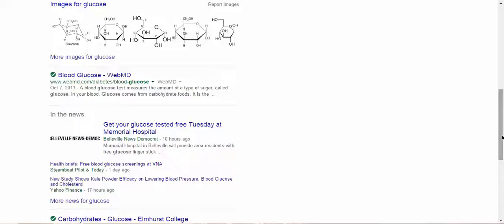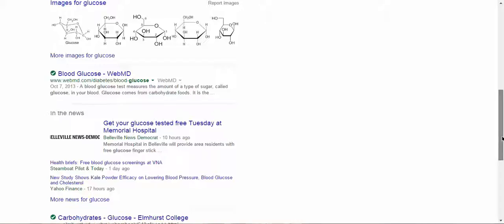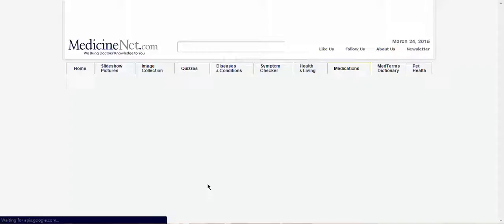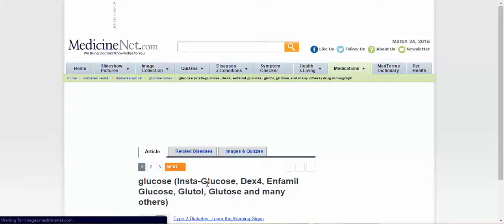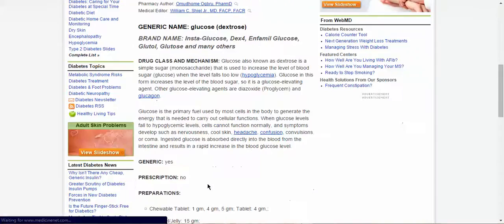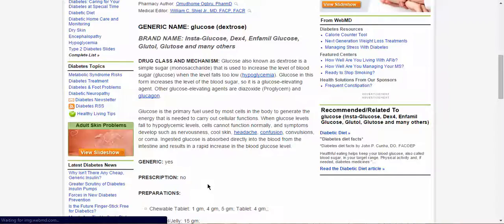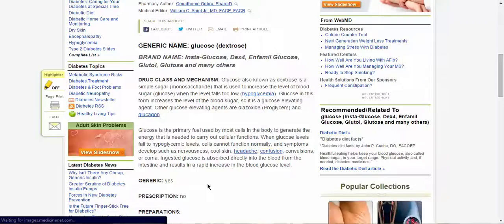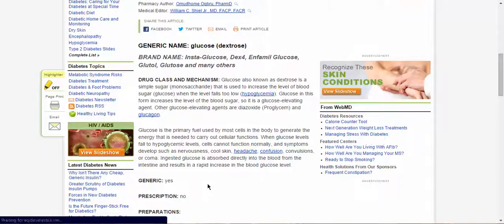As well as kidney failure and all these other things that they can do to you. So, when you look at this, you realize that diet drinks are worse than regular drinks. Like I said, glucose can develop symptoms like headaches, confusion, convulsions, even coma, and so forth.